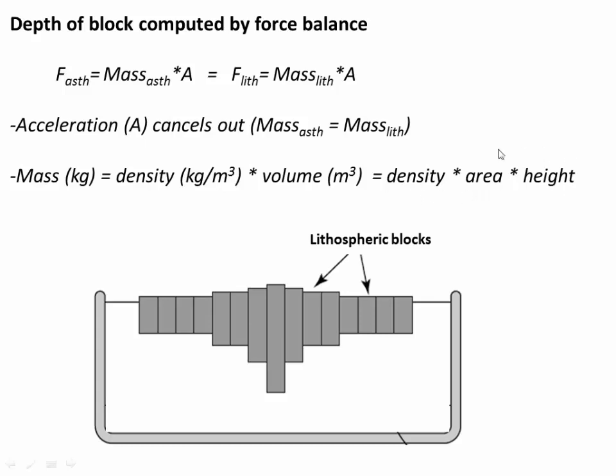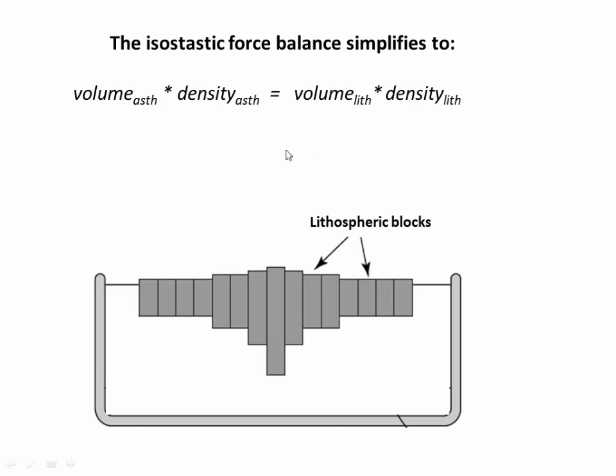So if we know these three things, density, area, height, we can then compute a mass balance for our lithospheric block. And it's going to look just like this. Volume of asthenosphere times density of asthenosphere equals volume of lithosphere times density of lithosphere. Keeping in mind, this volume of asthenosphere represents the material displaced by this block, okay?